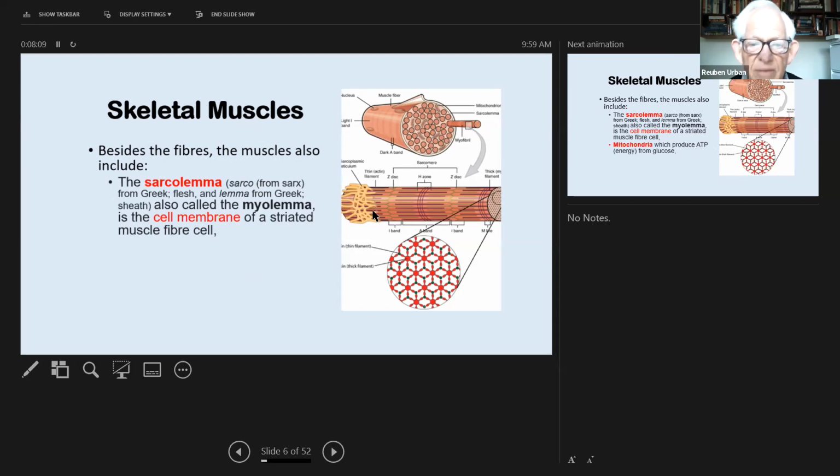And if you have a look sideways, that is a cross section of that, you've got these various bands. And that's what you saw in the microscopic photo there. And there are all sorts of names here, like the sarcomere, the myofibrils, and so on. I won't worry too much about it.